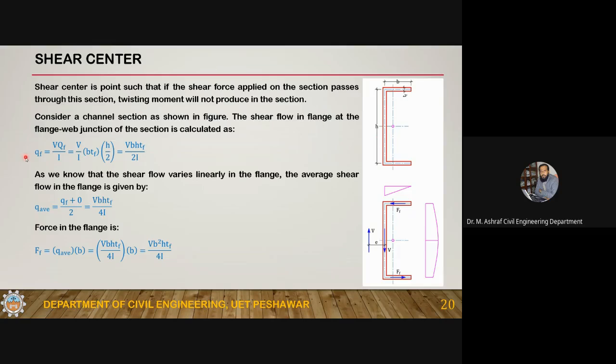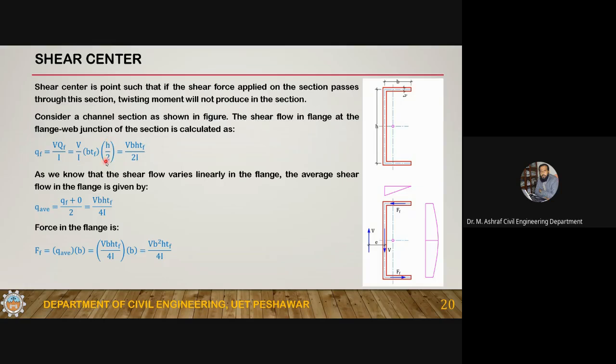Now the shear flow in the flanges, the shear flow at this location at the end of the flange, you will have to take this area in calculating Q. By definition, q_F is equal to V Q_F by I. Q_F is the area of the flange, which is B TF, times the centroidal distance, from here up to here, which is H by 2.